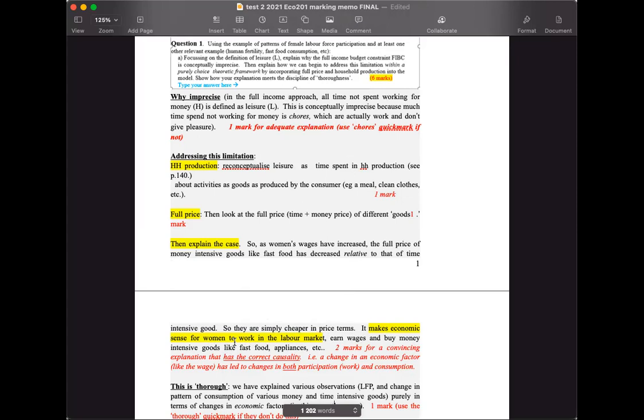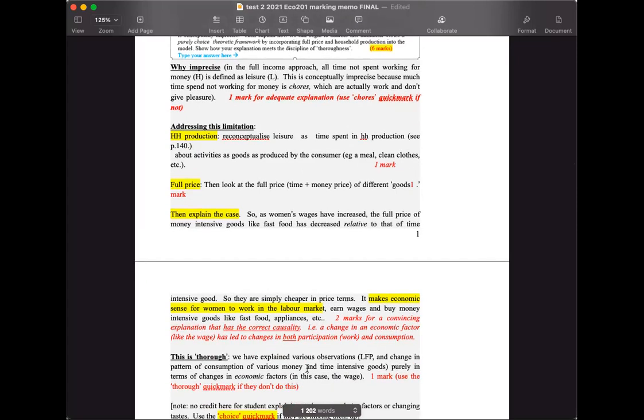Remember, what you are saying, you are selling to the marker. So when you do say things, if you're going to say it, you need to have evidence. So point, evidence, and explanation is something I need to emphasize. Then thoroughness is another point where you are required to acknowledge that you have explained various observations like the labor force participation and change in pattern of consumption of various money and time intensive goods.